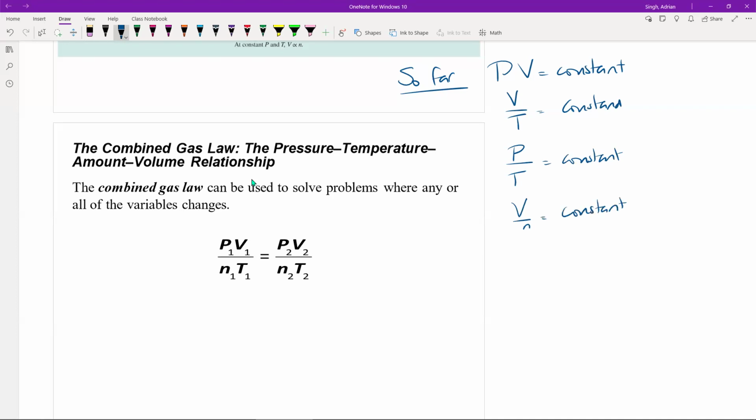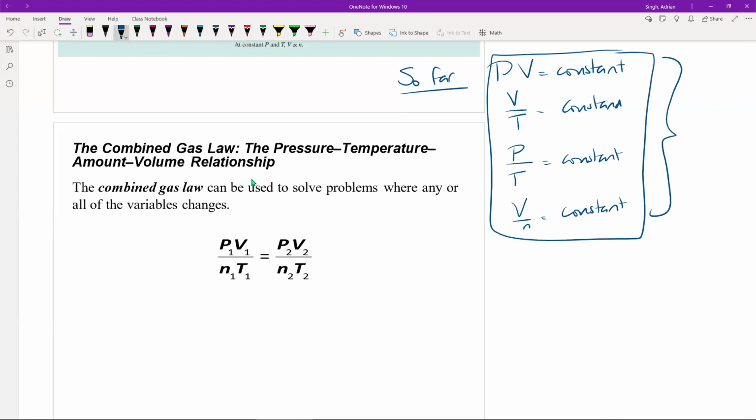So what we can actually do is take all of these individual gas laws that relate just two variables, and we can now combine all of these into what's known as, and this is not very fancy, the combined gas law.